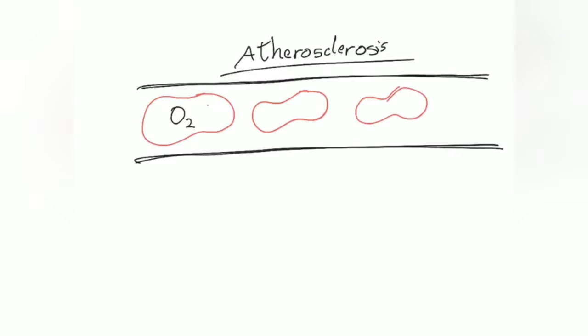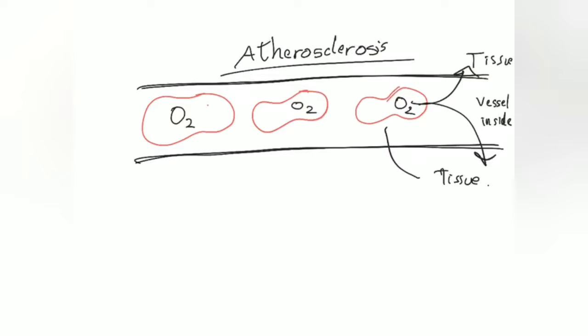Here's the wall, and this will be the tissue over here, and this is the inside of the vessel. So every red blood cell carries oxygen and delivers it to the tissue, and then the tissue exchanges back carbon dioxide. Then the red blood cells can go back to the lungs and exchange oxygen again. So that's the basics to understand.